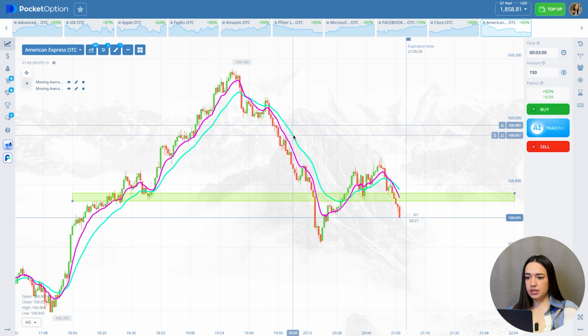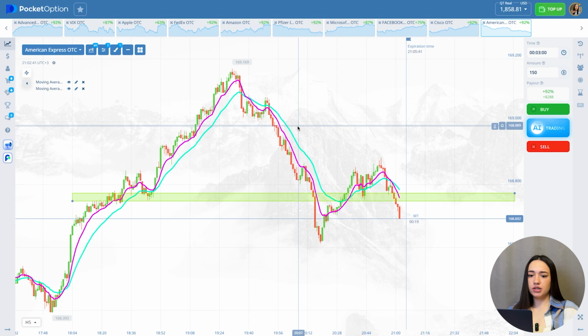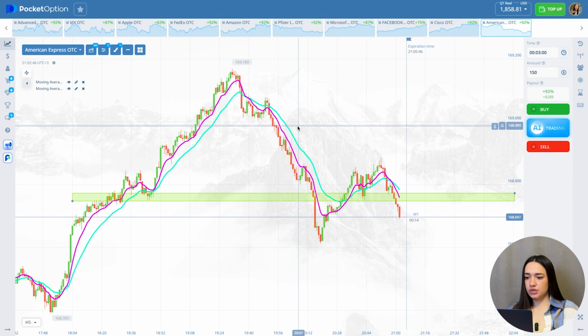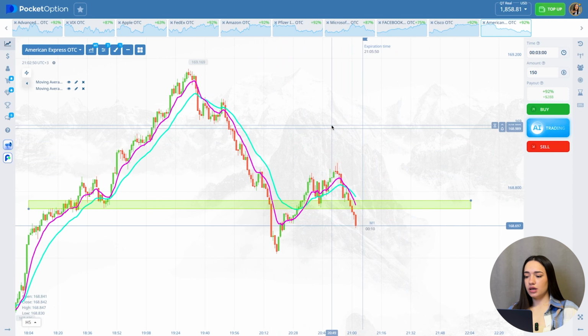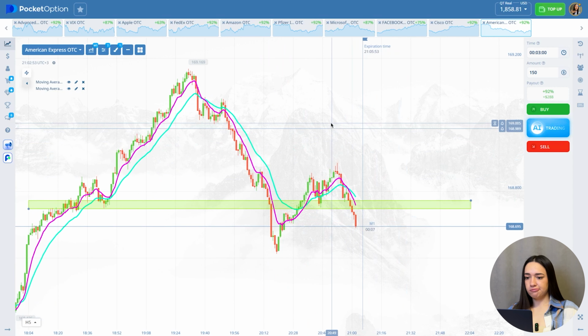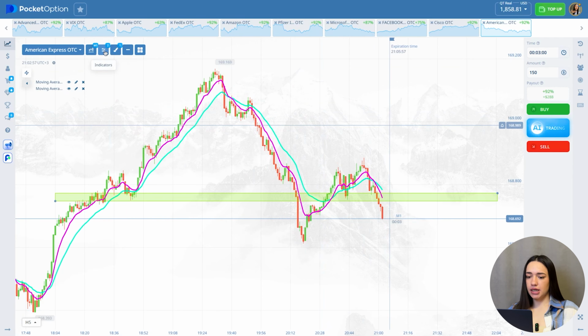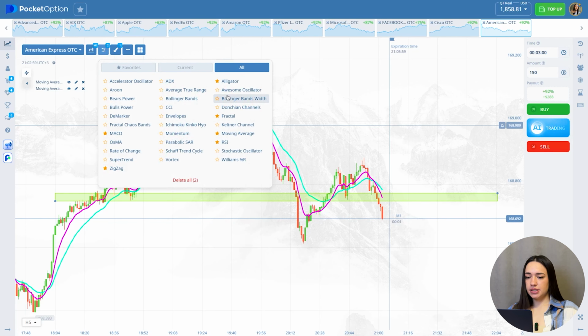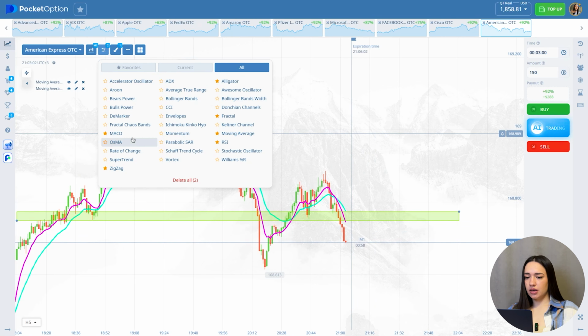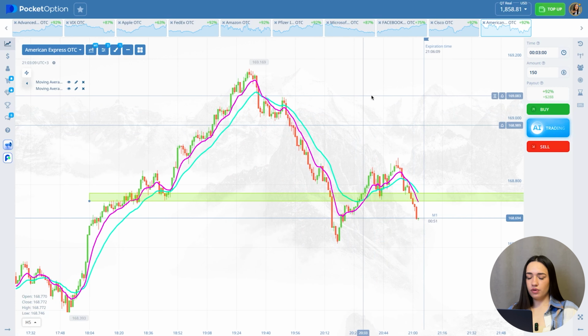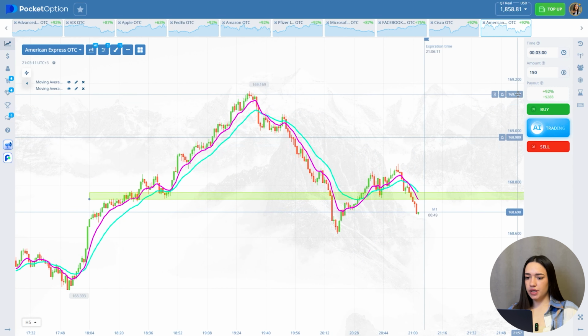So guys, just let me remind you once again. If you use moving averages, it's highly recommended to add an additional indicator, for example, MACD, RSI, or another oscillator that can confirm the signal through overbought or oversold areas.